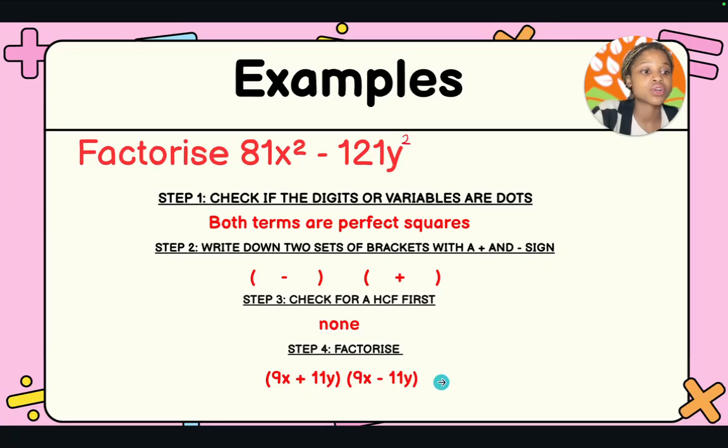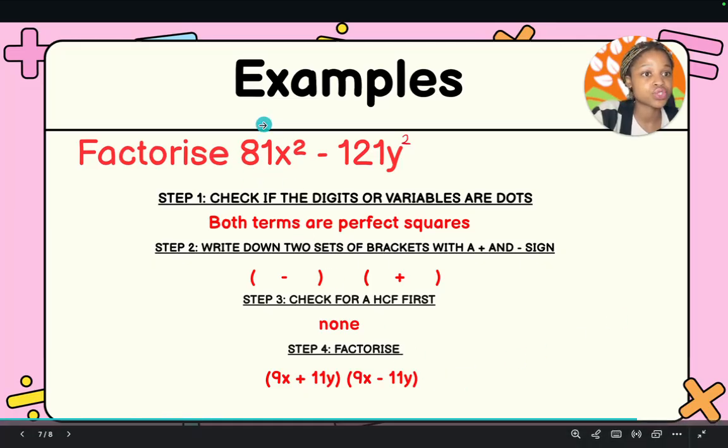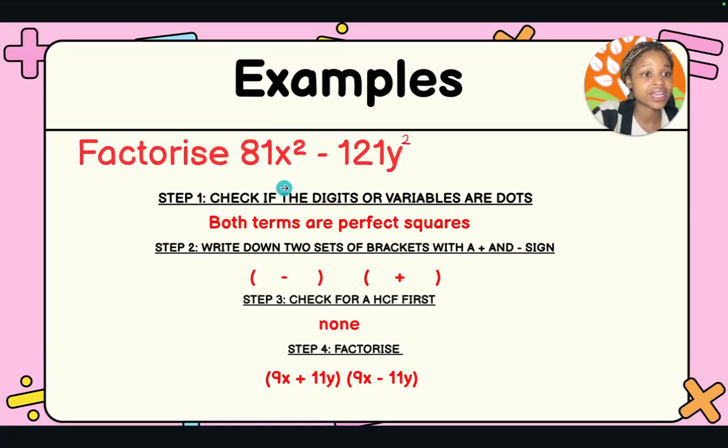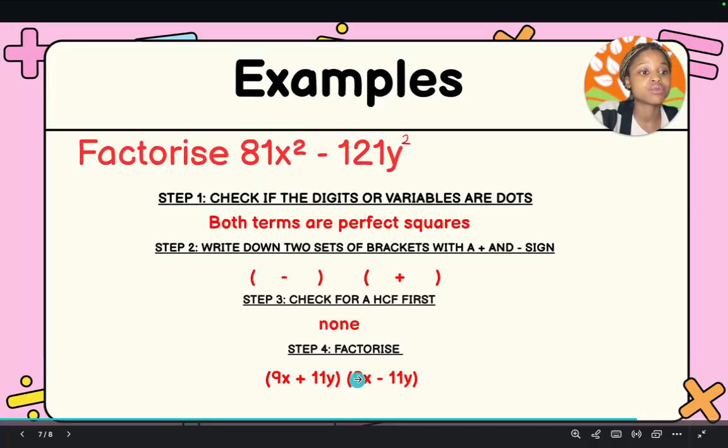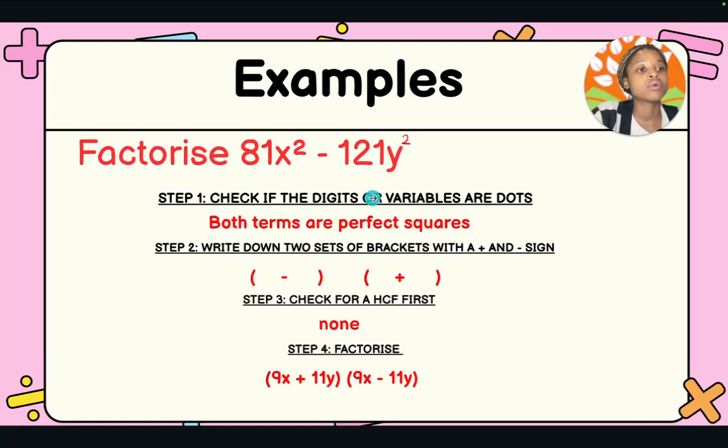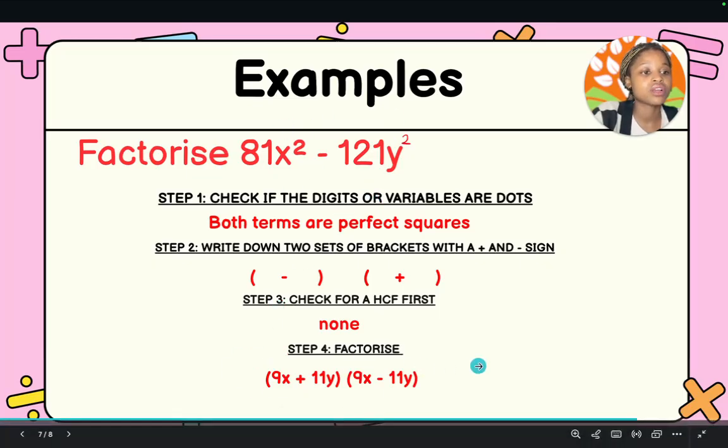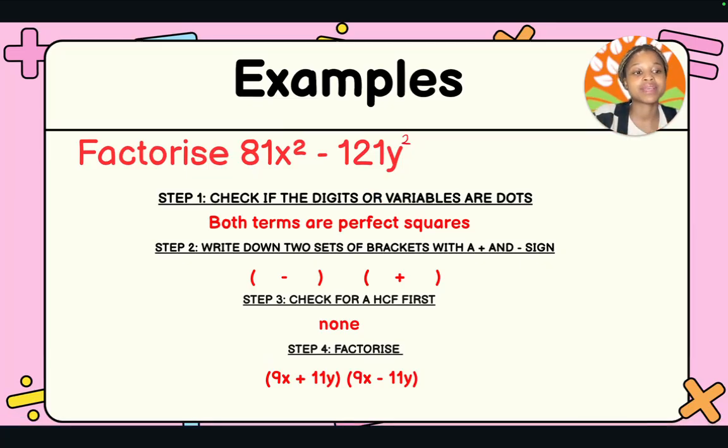It makes sense because if we find the square root of 81x squared, it's going to give us 9x. And then the square root of 121, we've got 11. Square root of y squared is in fact y. So we're basically just factorizing dots, and what we come up with is basically the square roots of the numbers. I hope that makes sense.